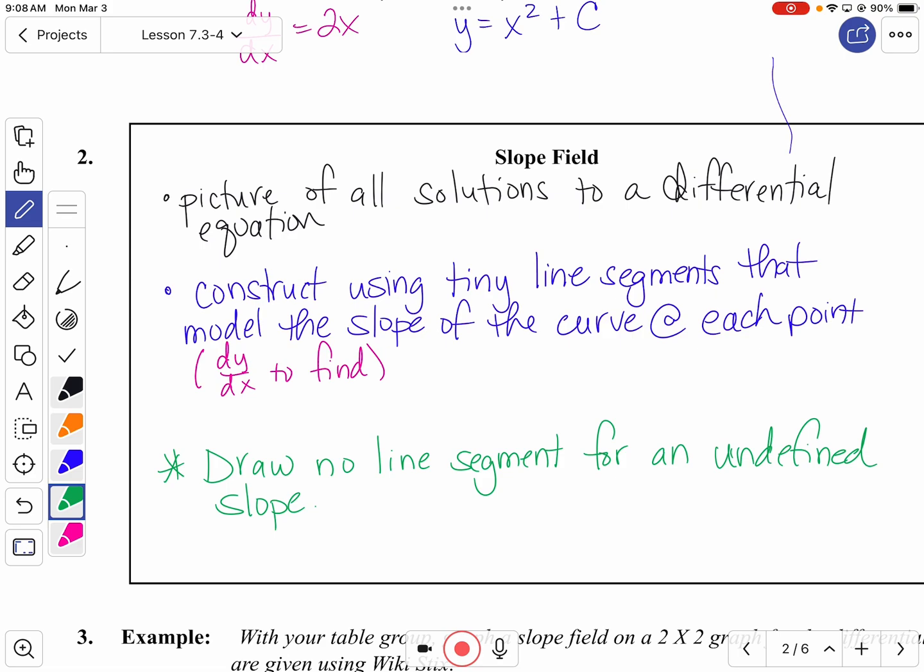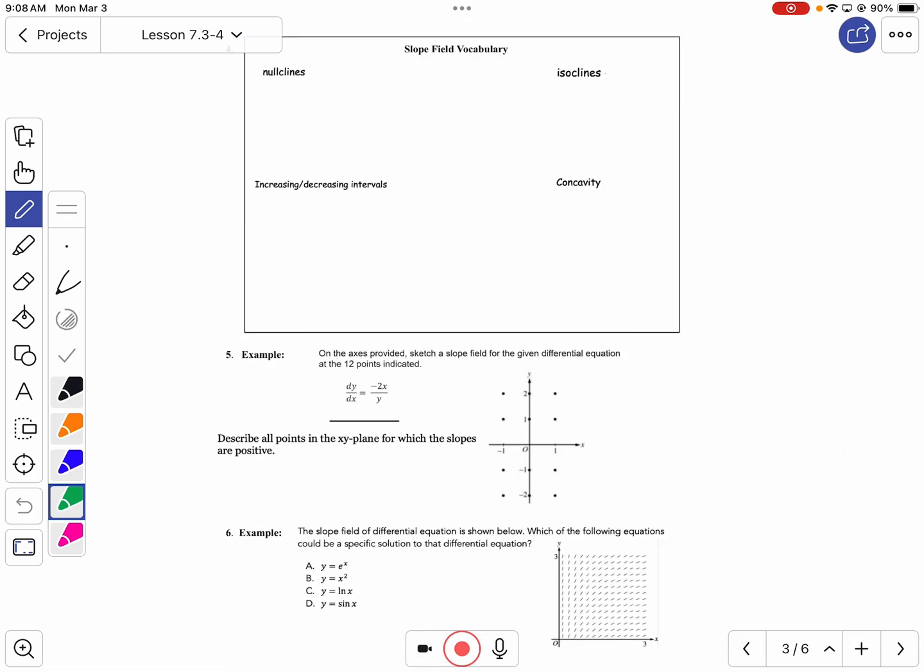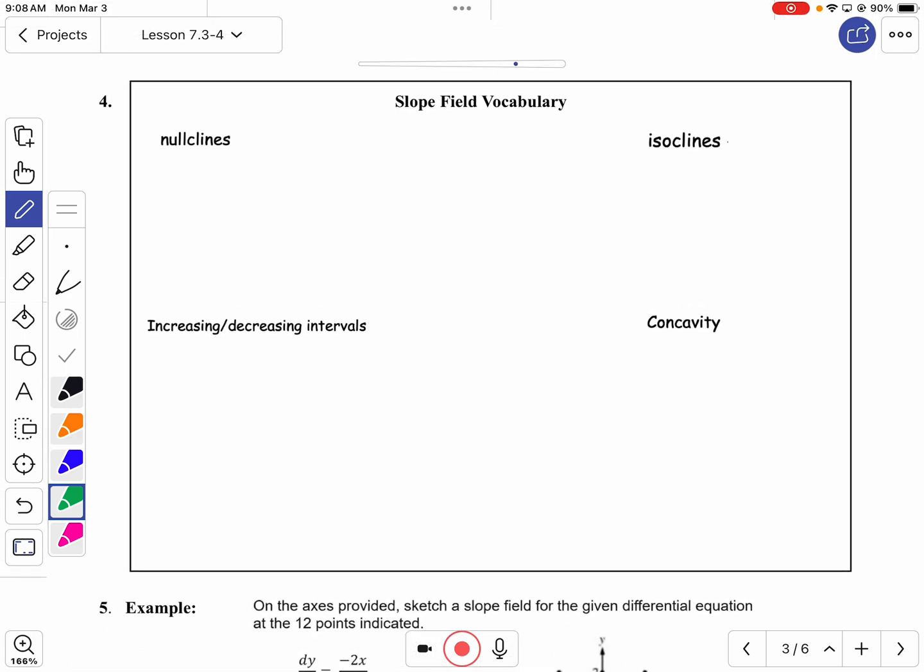Cool. All right, so as we're working through this, let's talk about some of the vocabulary that you can see with a slope field. On that next slide, remembering that this is indeed a picture of slopes, if you had to guess, what do you think we might refer to as a null cline? That's an interesting word.